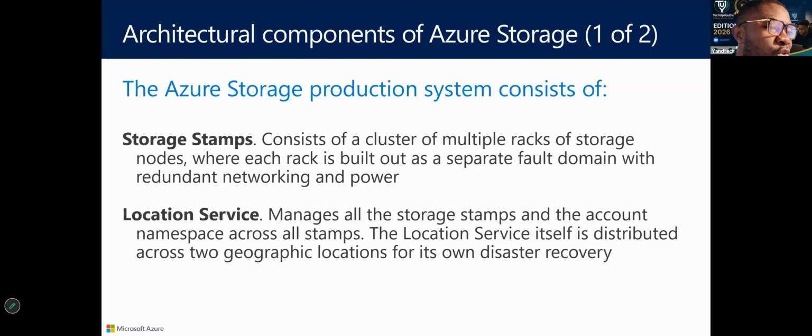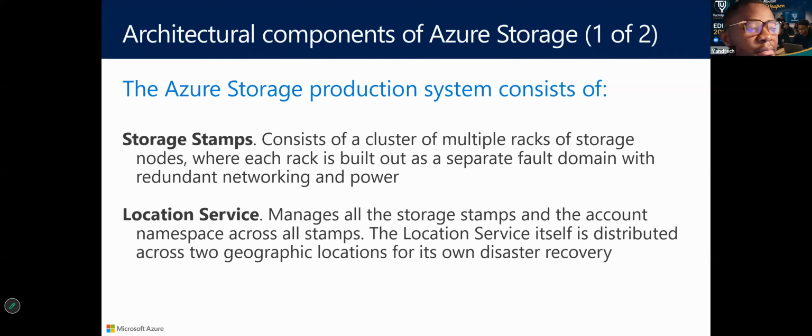The storage stamp is where we bring in the different storage nodes and we put them into multiple racks. Why are we putting them into multiple racks? Because we want to avoid any disaster. We want to avoid any issues. How do we avoid these disasters? By setting the multiple racks in the form of clusters in what we call a fault domain.